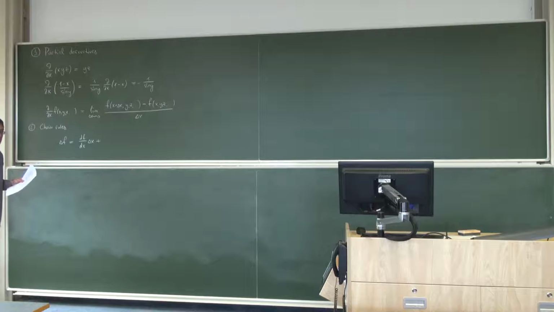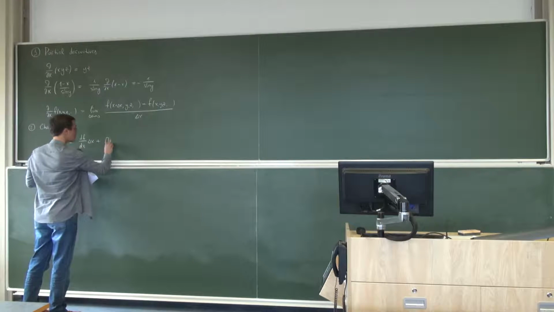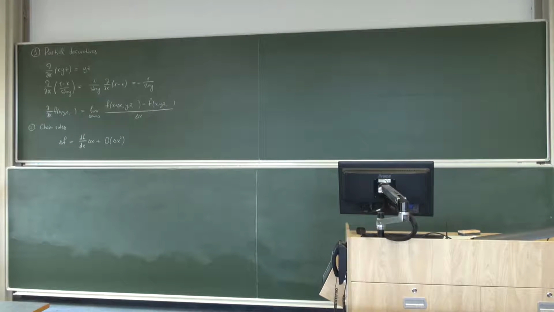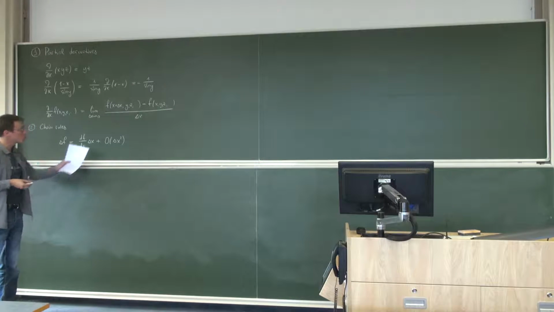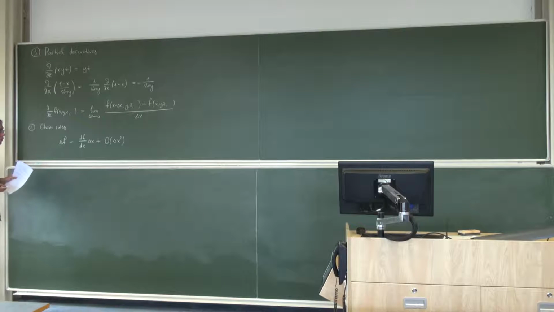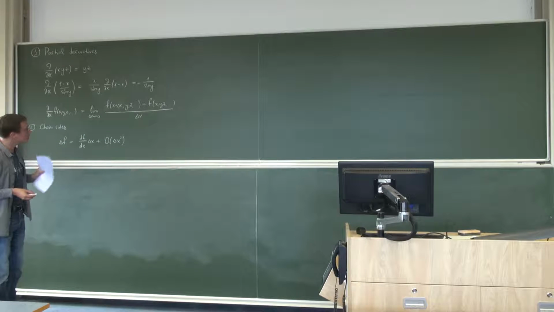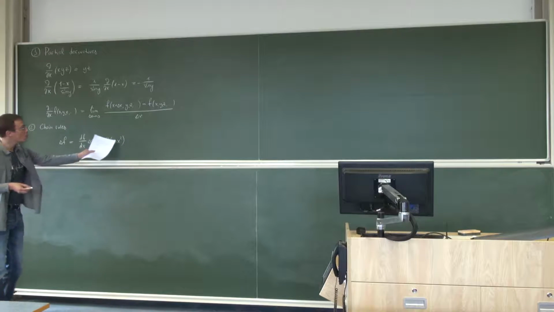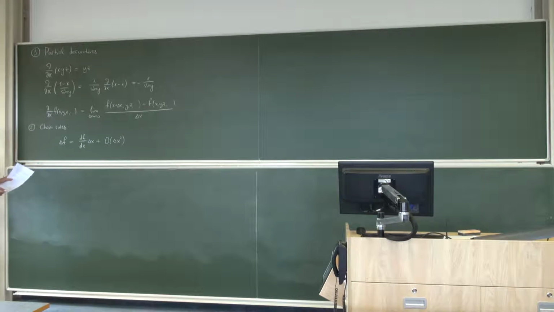I will not prove this statement, it will take a very long time, but I will simply ask you to take my word for it that the correction here is of the order of Δx squared, and this notation, big O, means that whatever this is, asymptotically it behaves as Δx squared. We don't need to know what's inside in there, it's just some quantity that drops off as Δx squared when Δx becomes smaller and smaller.